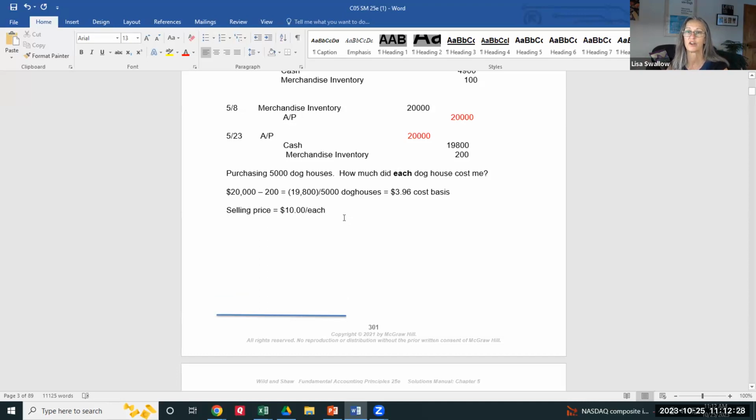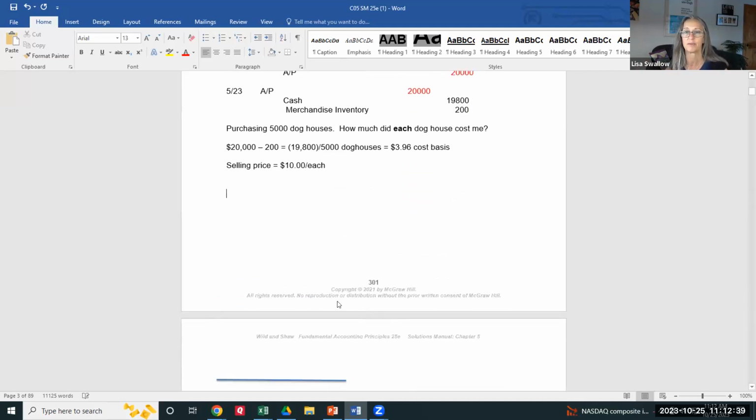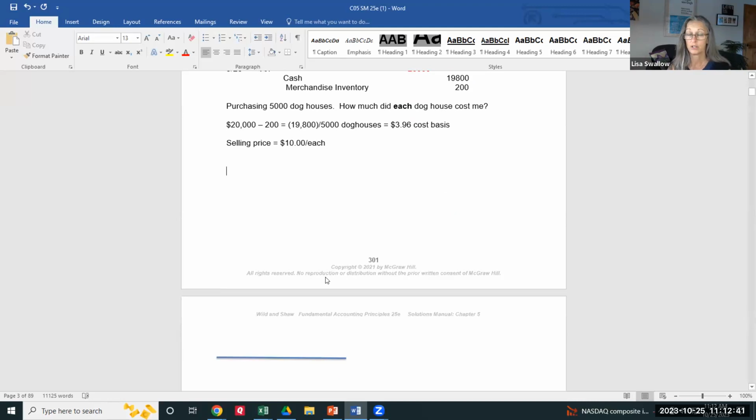But this is just very important. This is the basis of our new P&L, or our new income statement, as a retail organization that has inventory. You know, I'm still going to say income statement for Pet Store Delight, as of 5/31/23.